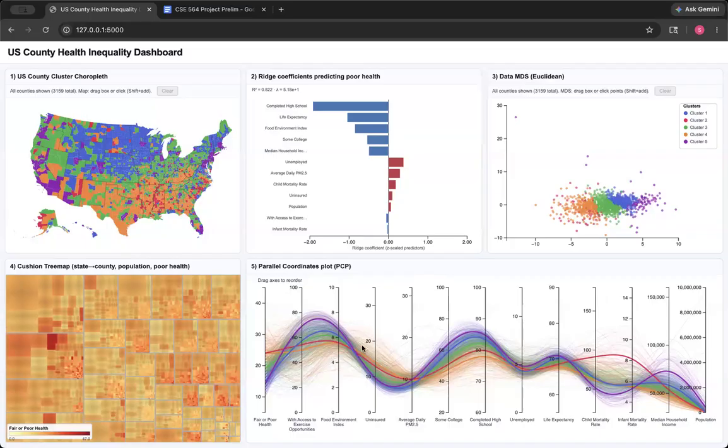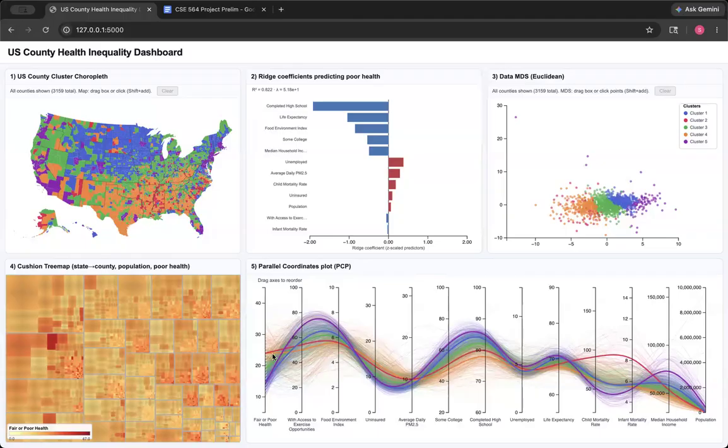I also used edge bundling in this parallel coordinates plot to have better smoothing curves and to get a better idea of what clusters are concentrated on what values.